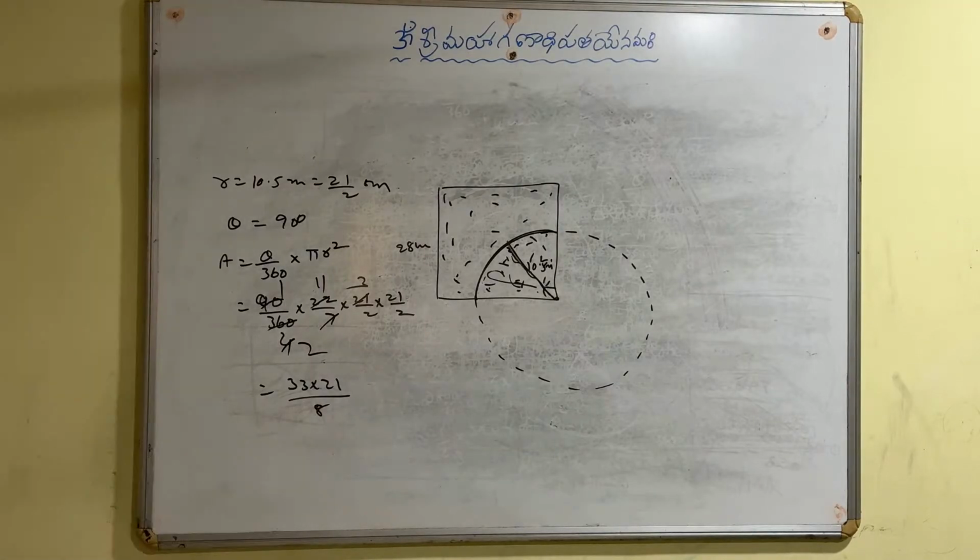This is the 3.5 meters. How much extra area, or excess area, can the cow graze?